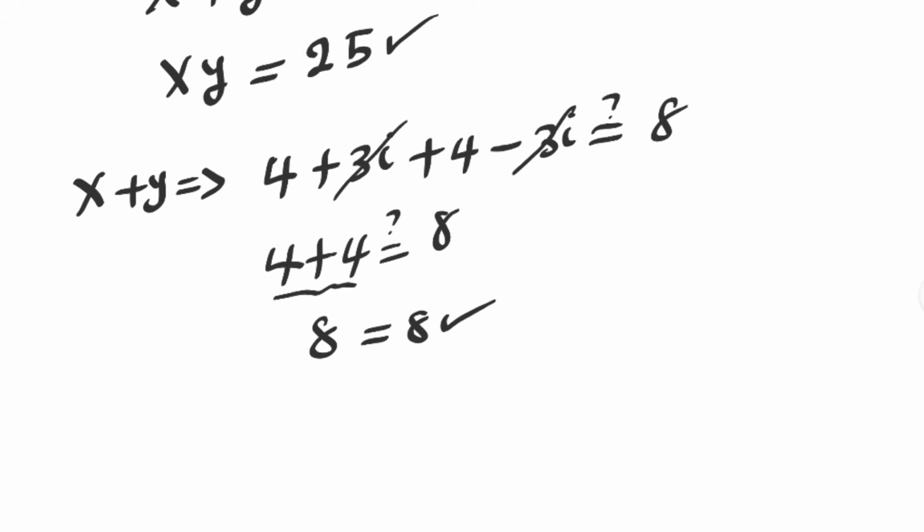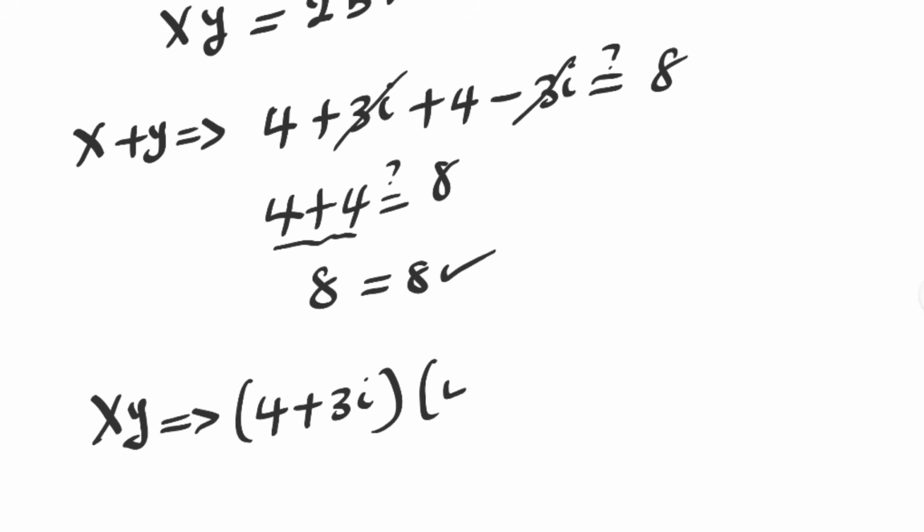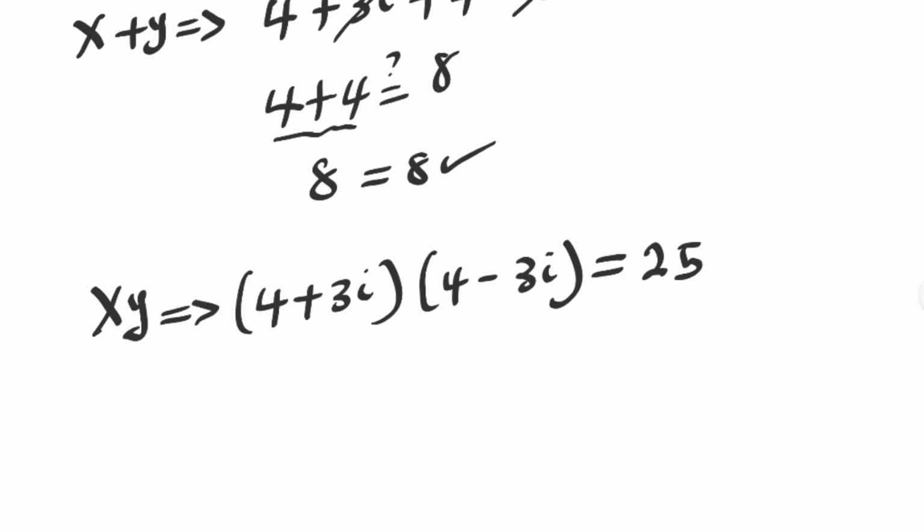Let us consider this. xy, this is 4 plus 3i multiplied by 4 minus 3i is equal to 25. 4 times 4, that is 16.